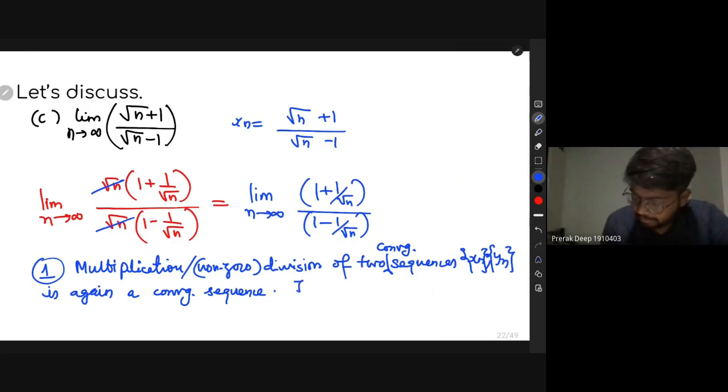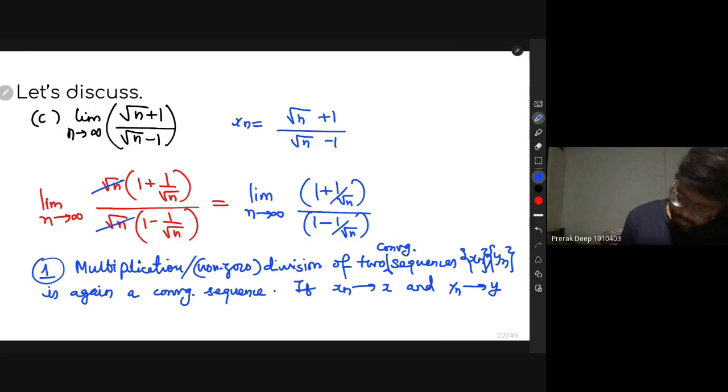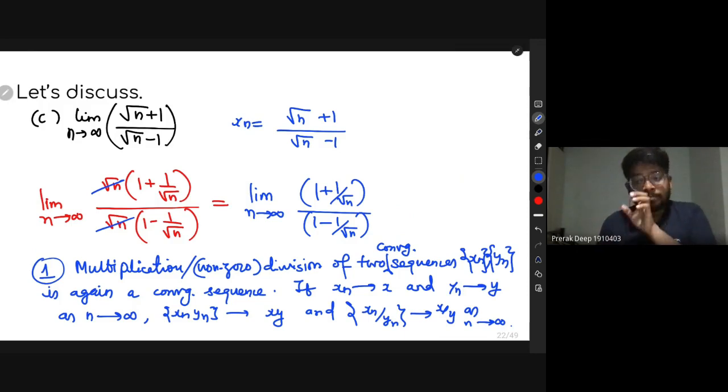If xn converges to x and yn converges to y as n tends to infinity, their product converges to the product of the limits. So I'm going to use this fact in order to prove this.